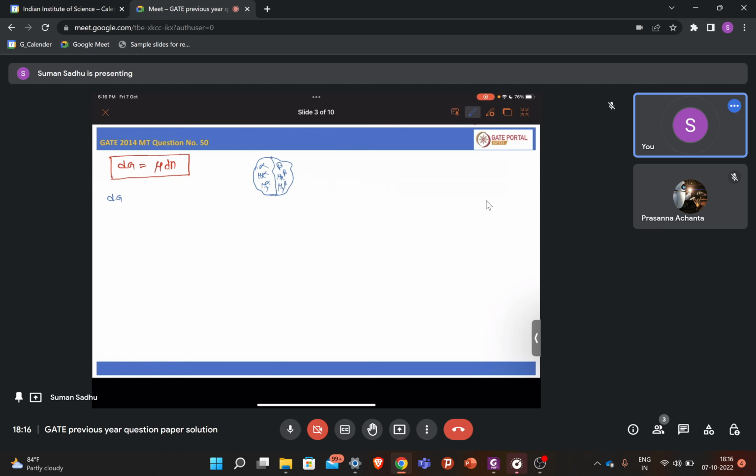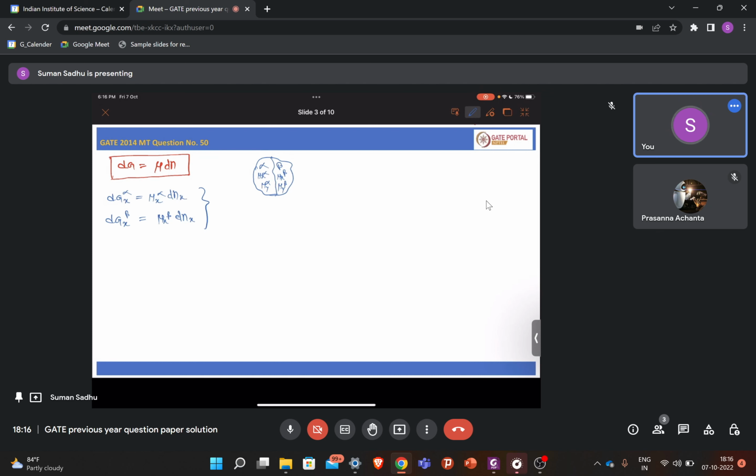So dG x will be mu x alpha dn x, and dG x in beta will be mu x beta into dn x. Right. So for x component only I am writing. For the alpha phase, dG x alpha will be mu x alpha into dn x, and dG x beta will be mu x beta into dn x.